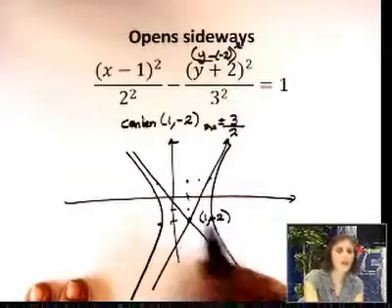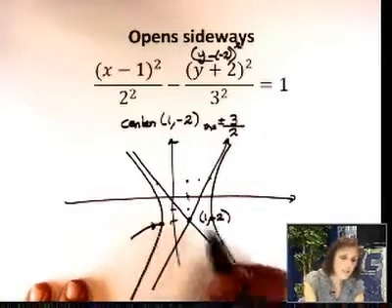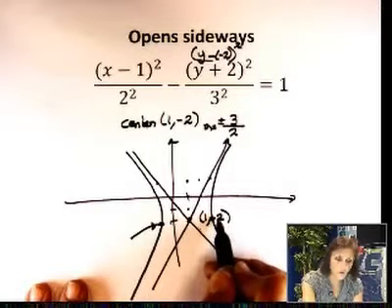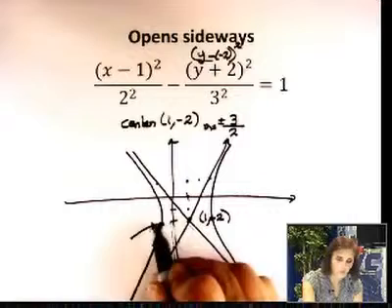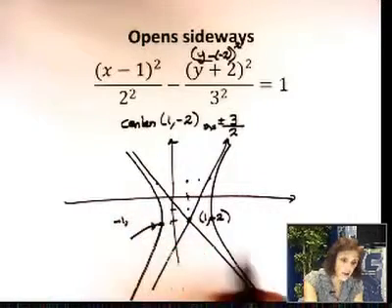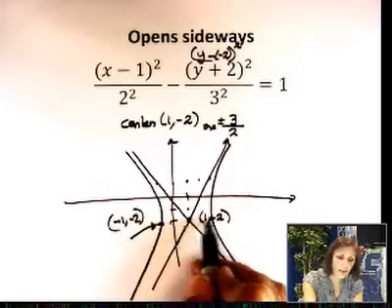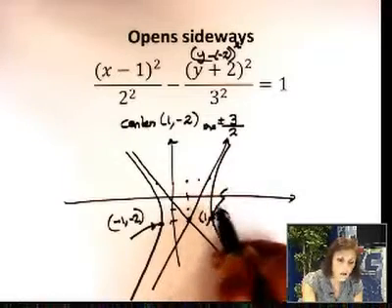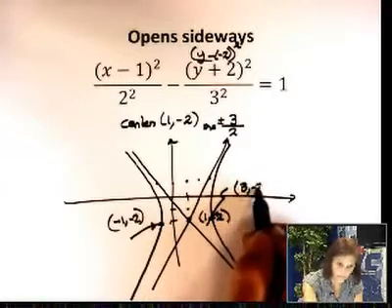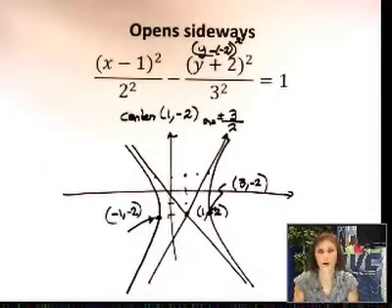So what are the coordinates of those? This one was at 1, negative 2. When you went to the left 2 steps, it's going to be negative 1, negative 2. And this one I went to the right 2 steps, 1 plus 2, that's 3. Ta-da! Here's my hyperbola. That wasn't too hard.